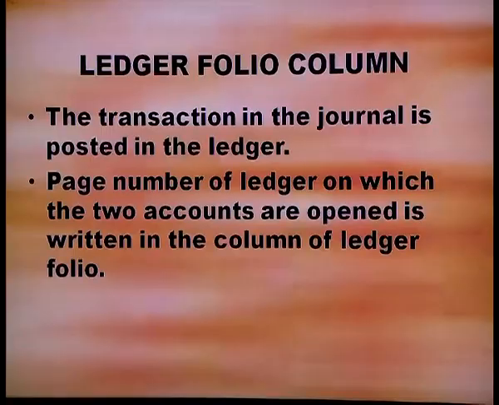Next comes the ledger folio column. The transaction in the journal is posted in the ledger. Page number of ledger on which the two accounts are opened is written in the column of ledger folio.